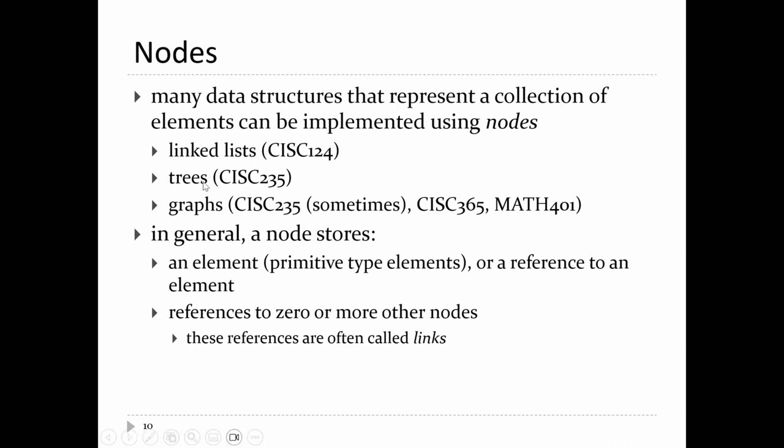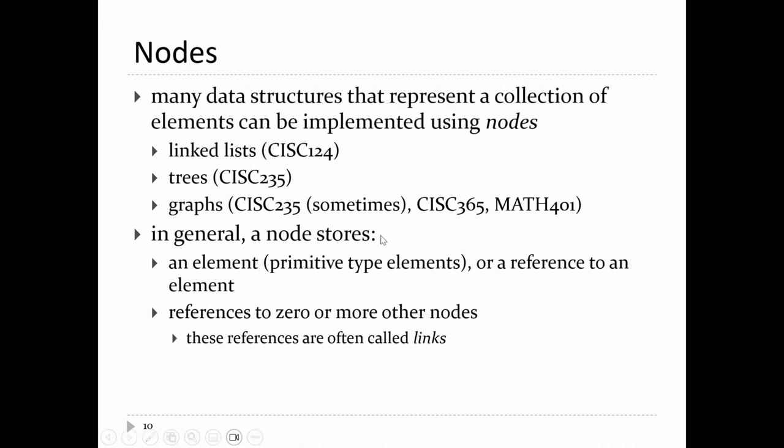So trees are an example of a data structure that's typically implemented using nodes. Linked lists, which we'll look at later in the course, probably in a lecture or two, are another example of a data structure that's implemented with nodes. Graphs, you also should have seen in 204. There's actually an entire course, Math 401, on graph theory.